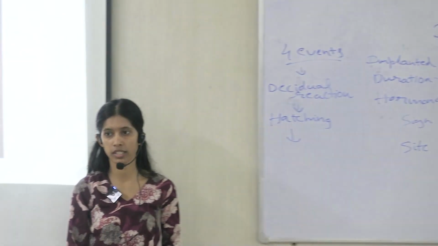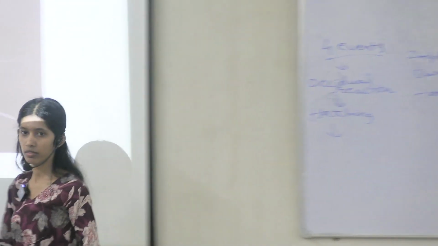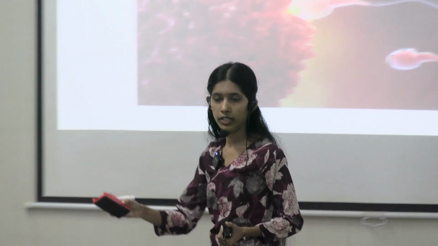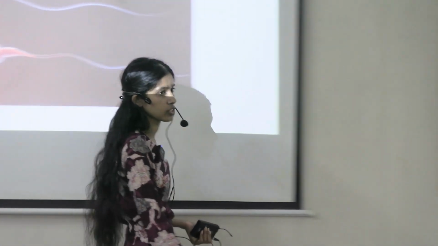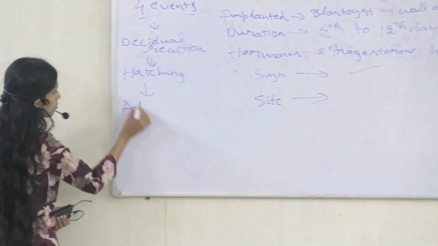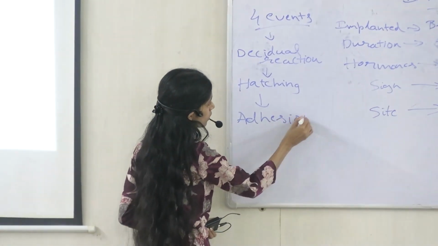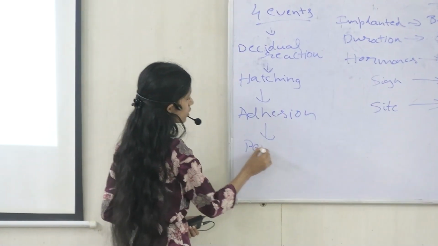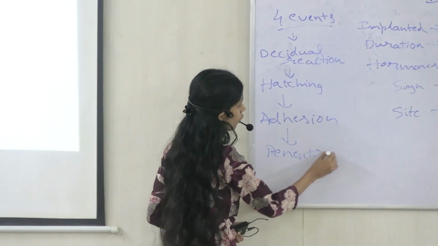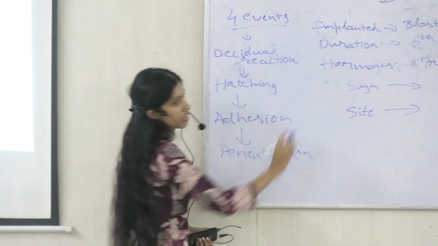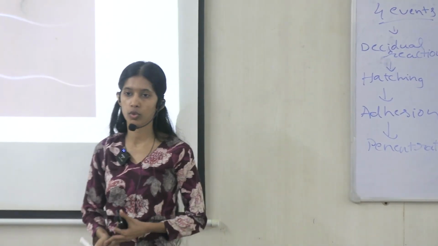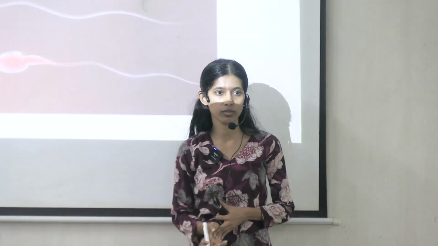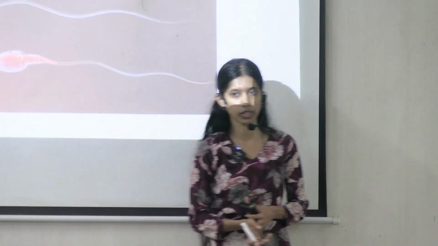Implantation you have already studied, right? In 12th? Okay. Then the next event is adhesion. After this we can see the penetration, the implantation process happening completely. First it will only get attached to the wall of the endometrium, right?